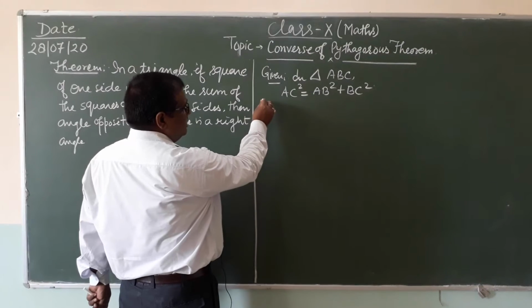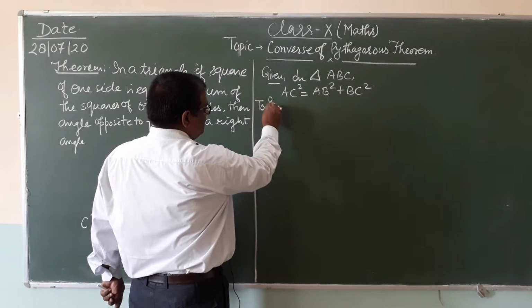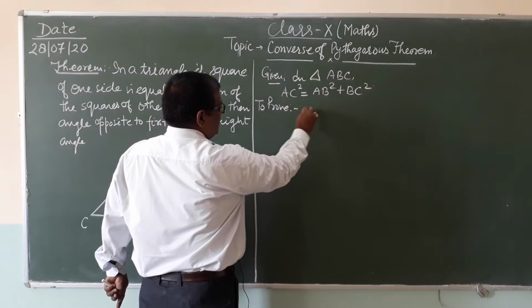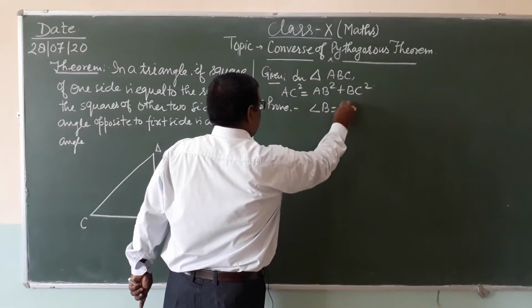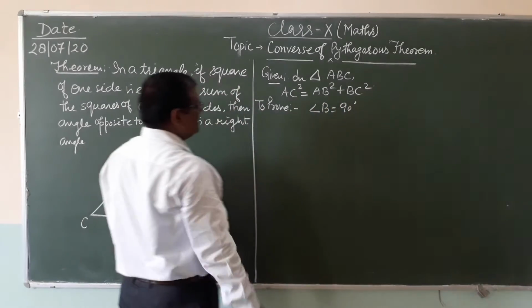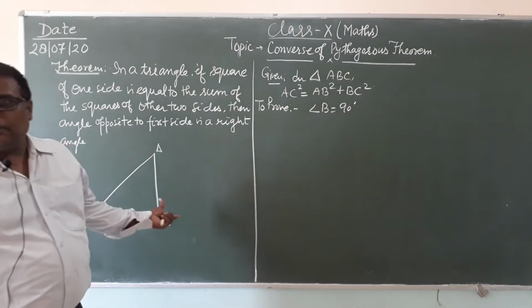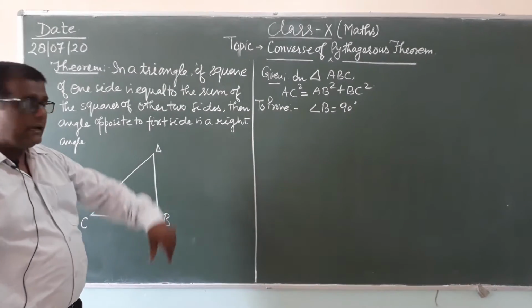And now what is our proof? That is, to prove angle B is equal to 90 degrees. To prove this, first of all, we construct another triangle.